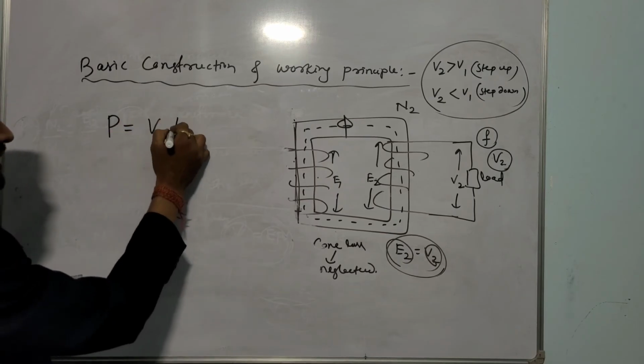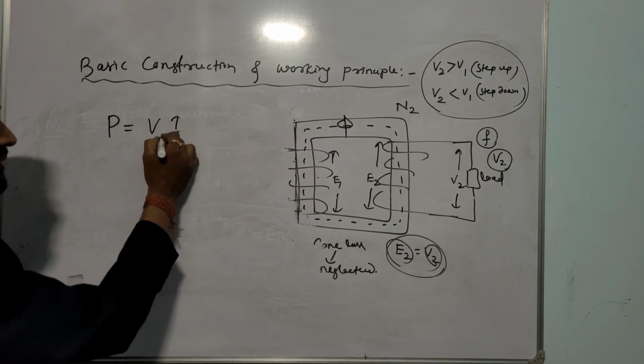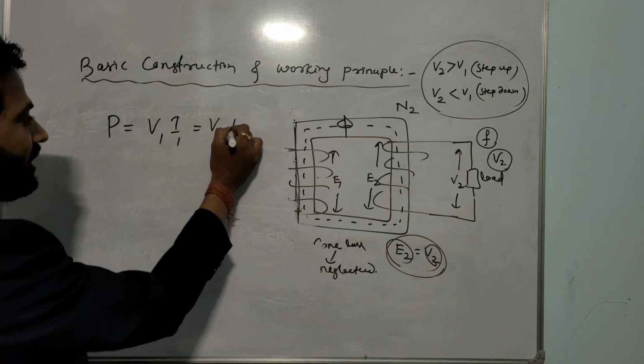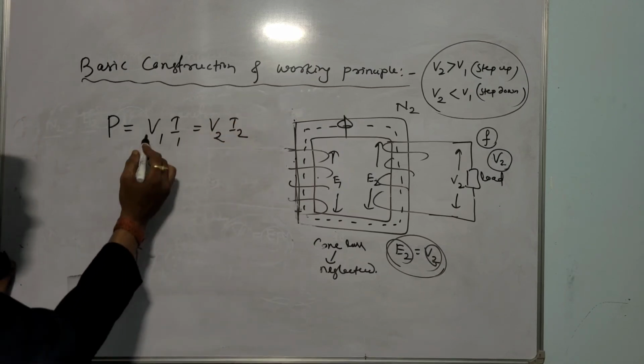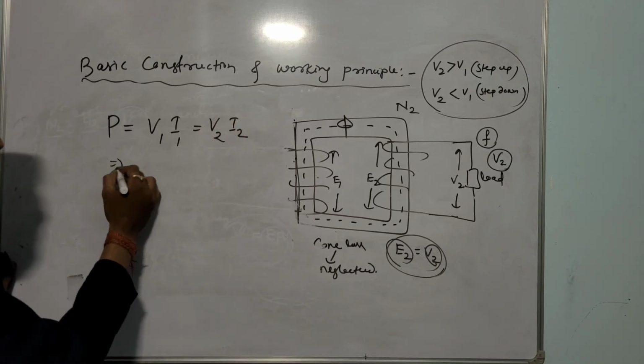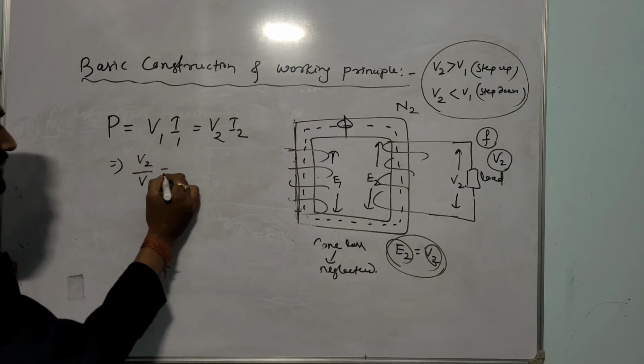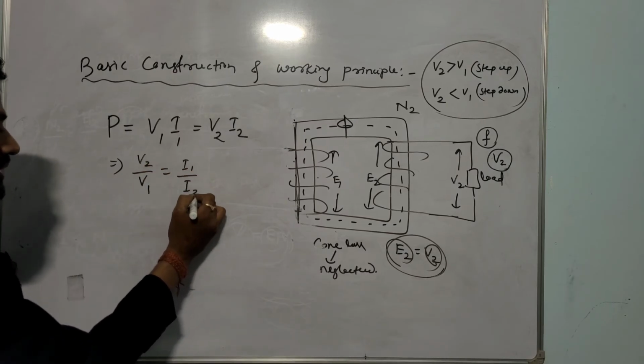So what is the formula for power? V into I. So input power will be equal to output power: V1 I1 will be equal to V2 I2. So I can write V2 by V1 is I1 by I2.